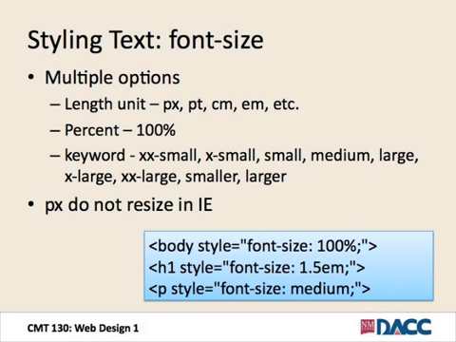The property font size is used to specify the size of the font. It can be specified as a unit of length, like pixels, points, centimeters, ems, or so on. It can also be specified as a %, or a keyword. The examples show 3 different ways to specify the font: 1 as a %, 2 as a unit of length, and 3 as a keyword.